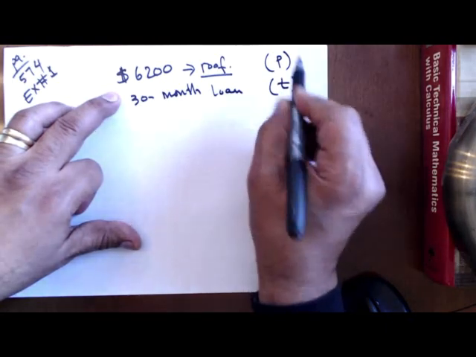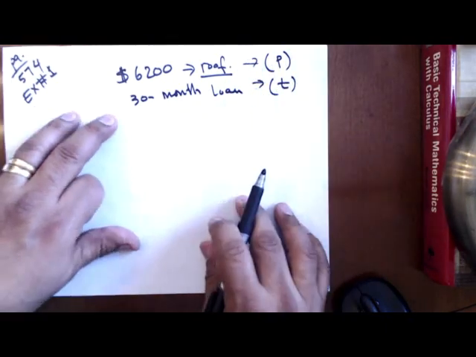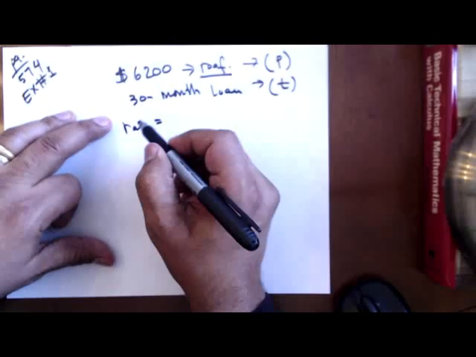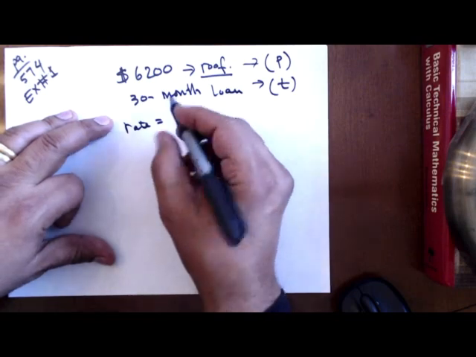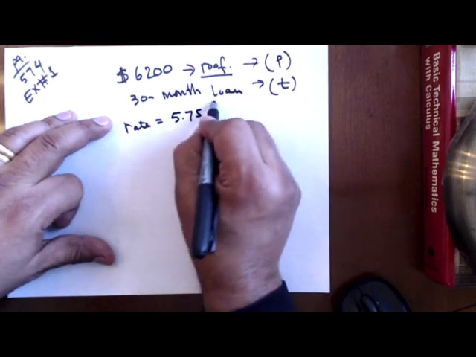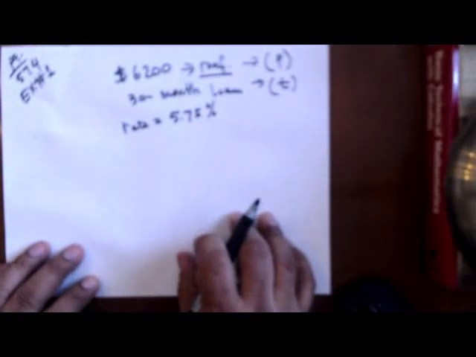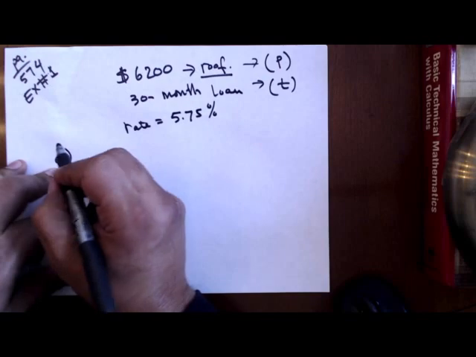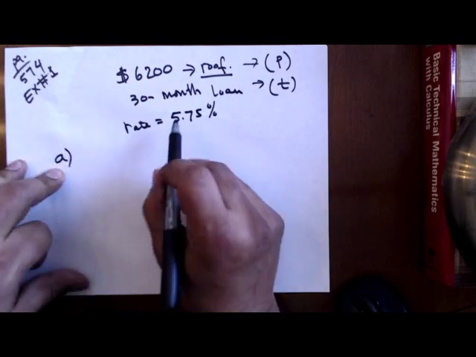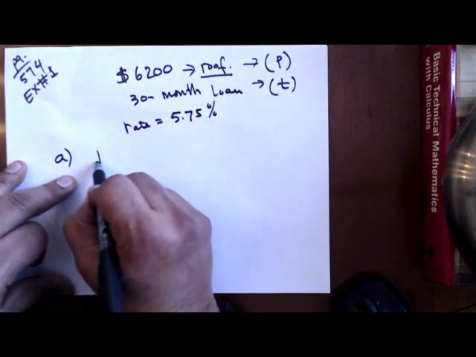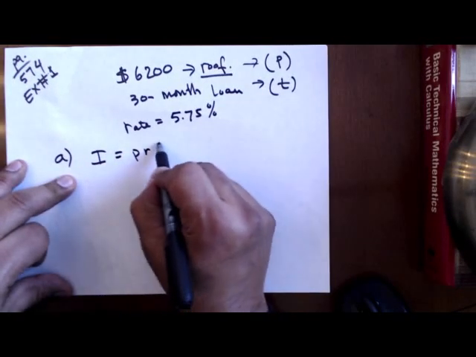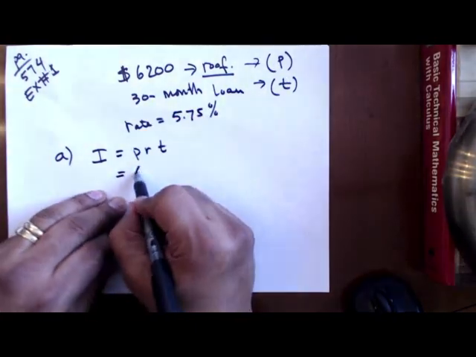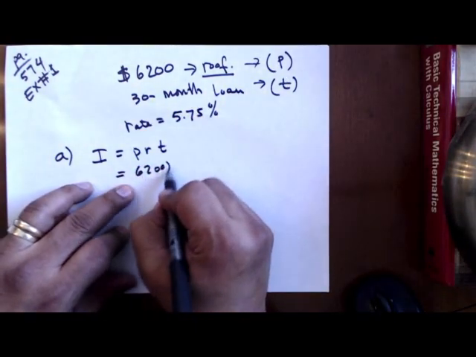This is our time, and then the rate that she's offered for this loan is 5.75%. So now we need to find out number 1, how much interest is she going to pay on this loan. For that we need the formula I equals PRT, and we take the values from here. The principal is $6,200.